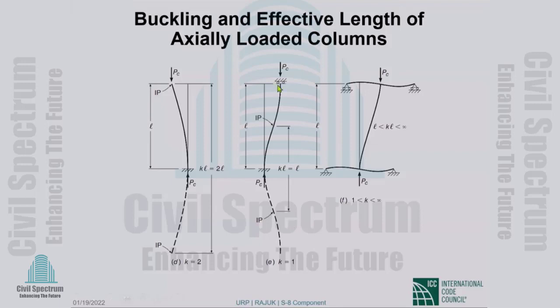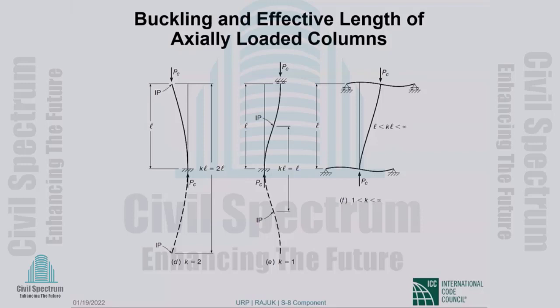Now, when we have this situation, the end can translate but cannot rotate, then K is equal to 1, as shown very clearly in the picture. Now, in a real case, this is the case of a sway column in a real life situation. So there is translation possible and rotation is partly restrained.